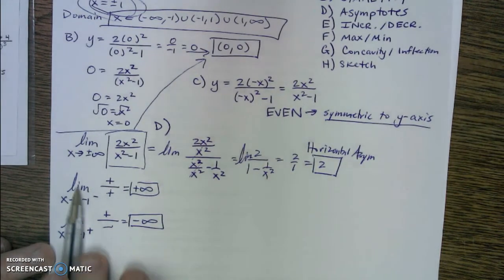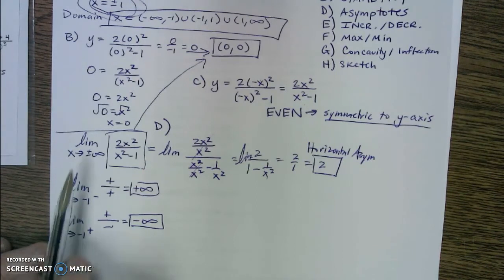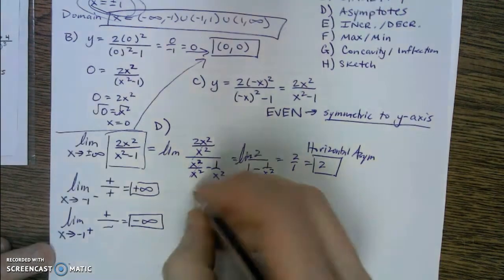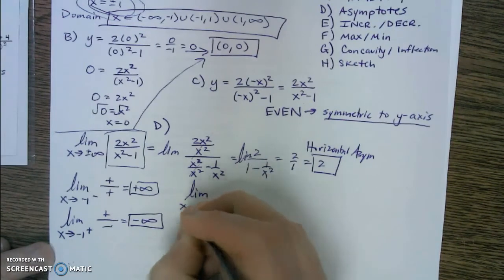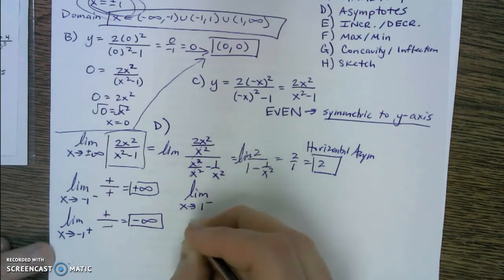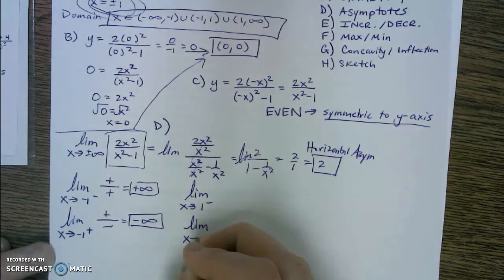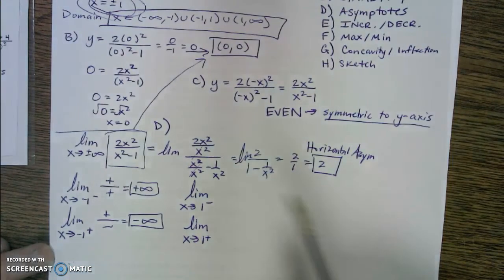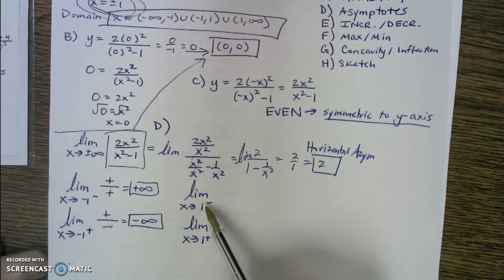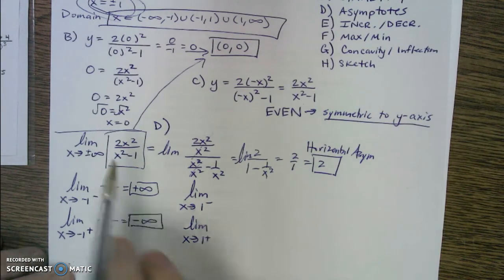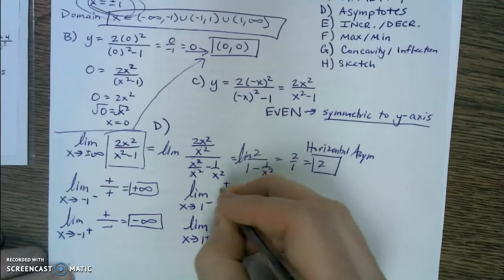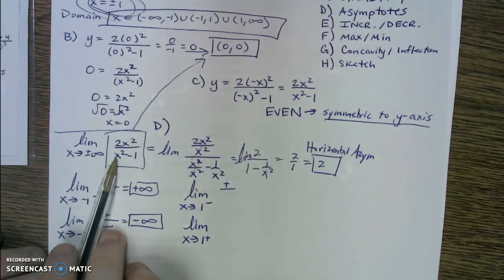So that's negative 1 as an asymptote, but we also have positive 1 to look at. So let's look at positive 1 from the left and from the right. If I think of something smaller than 1, say 1/2, that would give me a positive on top. And 1/2 would do the same thing down here.